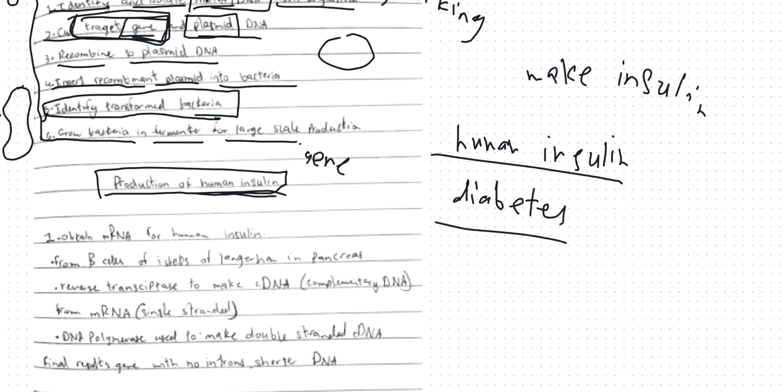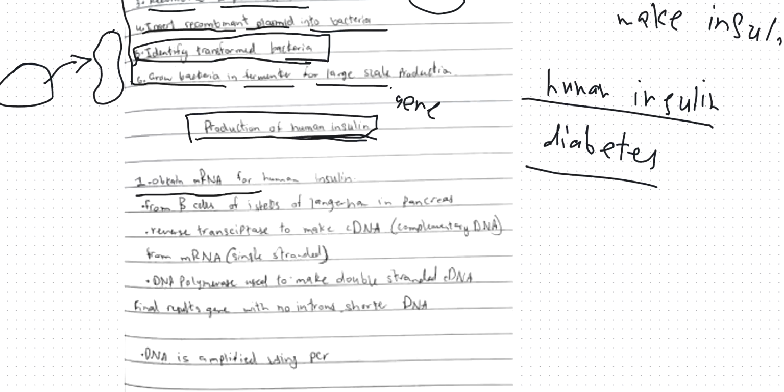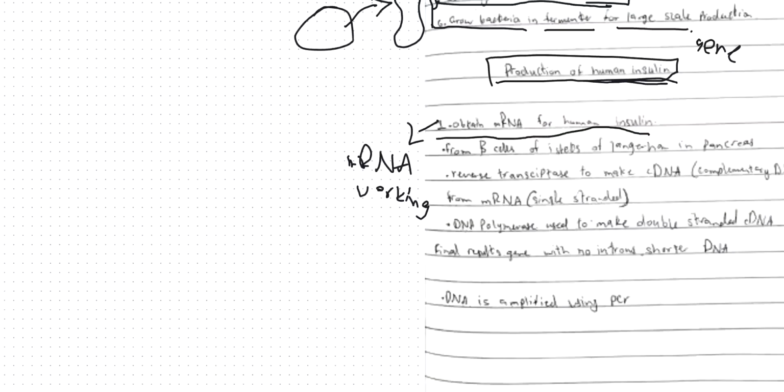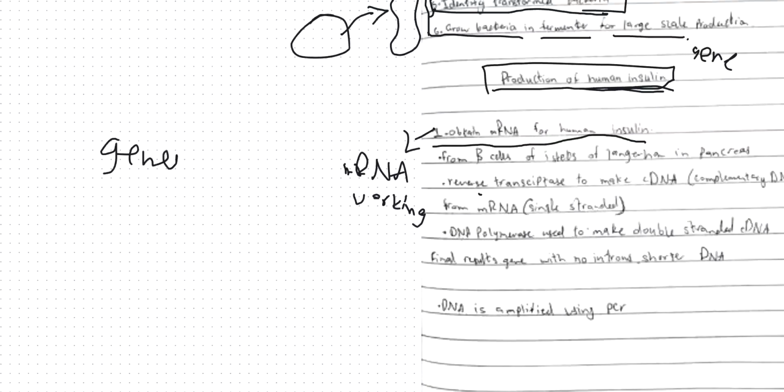Step 1 is you obtain mRNA for human insulin. Now this mRNA must be working. Remember, genes cannot be taken from a person that has diabetes. So you need to take mRNA from a healthy human being that produces enough insulin.